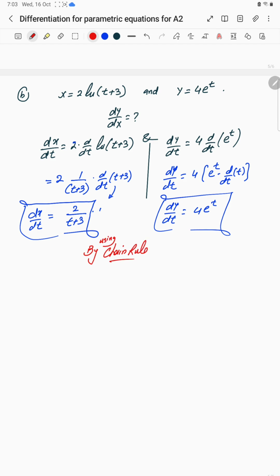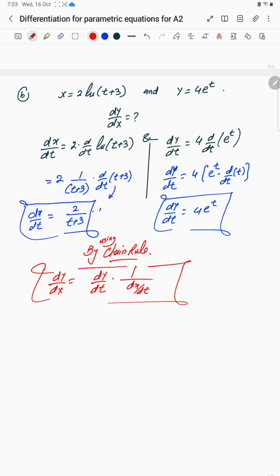By using chain rule, we know dy by dx will be dy by dt times 1 over dx by dt, right? Now just substitute the results, and I will get dy by dx as dy by dt is 4e power t, and here it will be the reverse of this, with 2 divided by t plus 3.